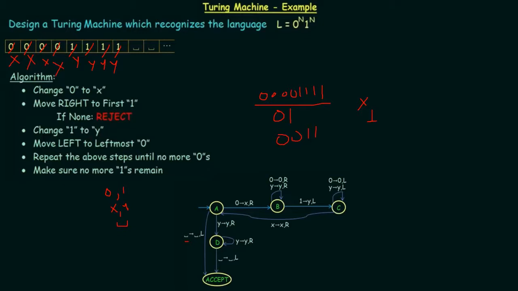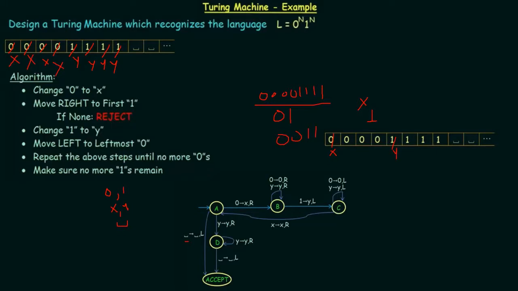Now, how is this going to work? First of all, I have to replace this 0 with an x and move right. Upon moving right, there is a 0, so I read it. There is another 0, I read it. There is another 0, I read it. I reach here, then I have a 1, so I replace it with y and move left.